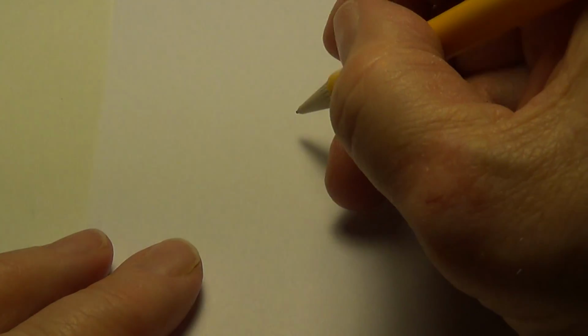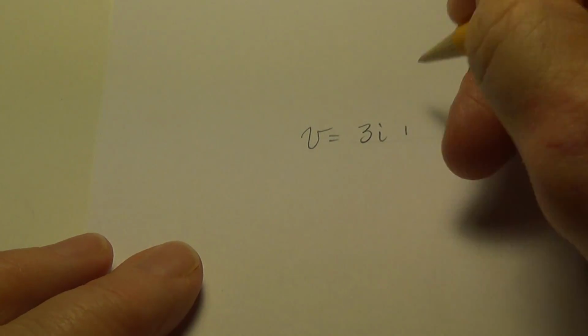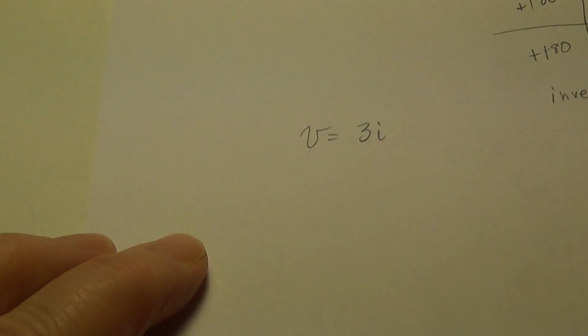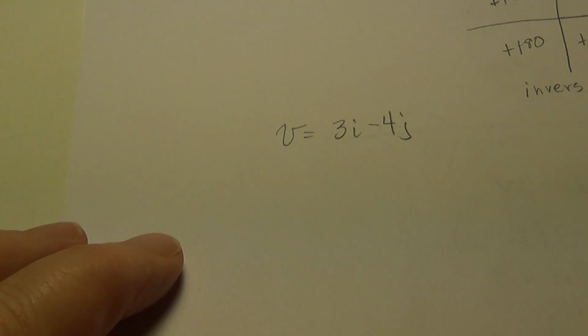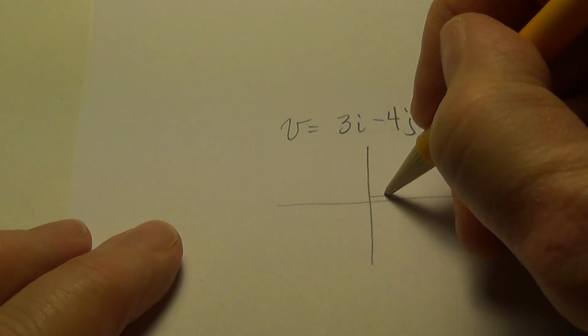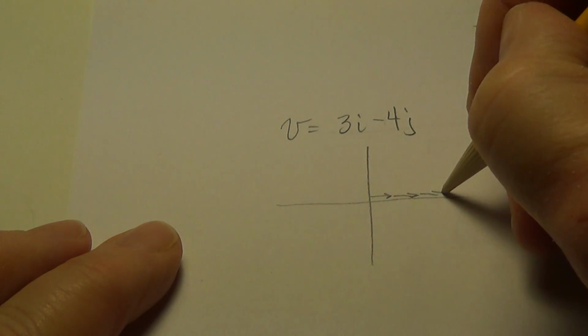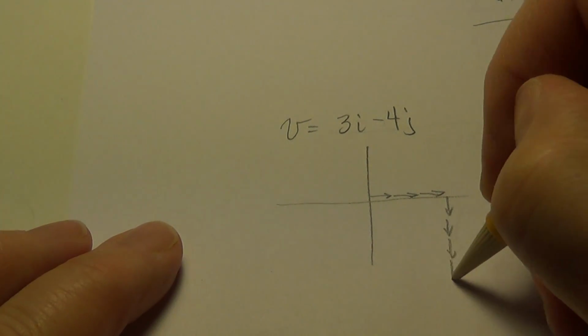So let's do another one. Say that the vector is 3i minus 4j. And when we look at that, sketch it. So we go out 3 i unit vectors and down 4 j unit vectors.